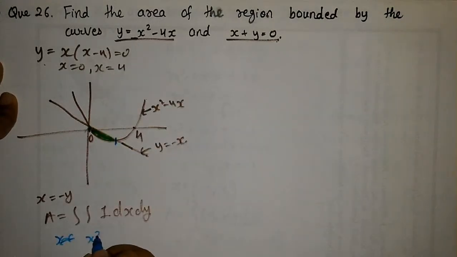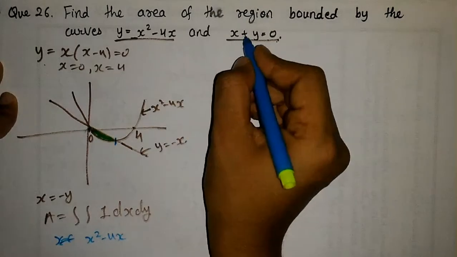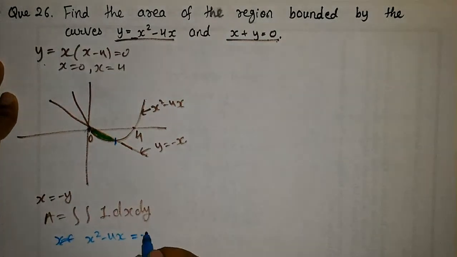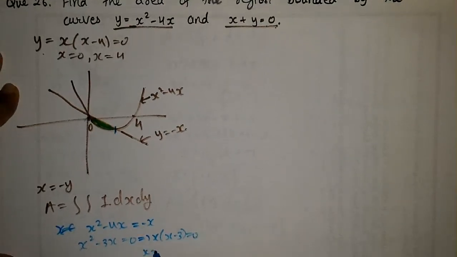So x square minus 4x, we are equating both the equations. Here y is equal to minus x, so this will be minus x. Now bringing this side, we get x square minus 3x is equal to 0. That implies taking x common, x minus 3 is equal to 0. So intercepts are x is equal to 0, x is equal to 3.